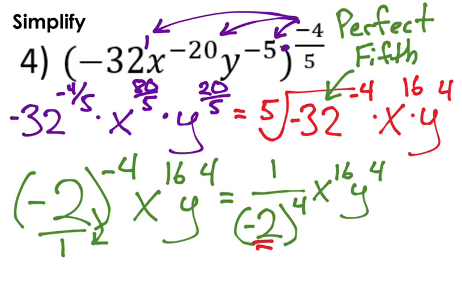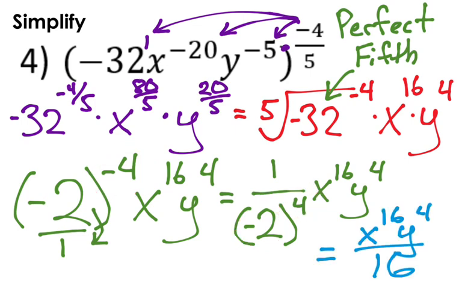Remember, once you flip it to its other part on the fraction, you have to also make the exponent positive. Do not make the 2 positive. The 2 stays negative. It's the exponent that becomes positive. And then you can simplify things and get to the final answer, because negative 2 to the 4th power, you can absolutely simplify that to 16, and that puts a 16 in the denominator with the xy in the numerator.